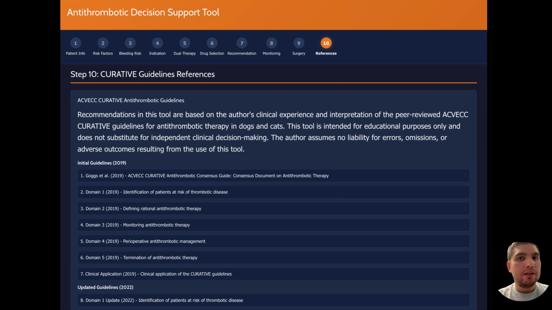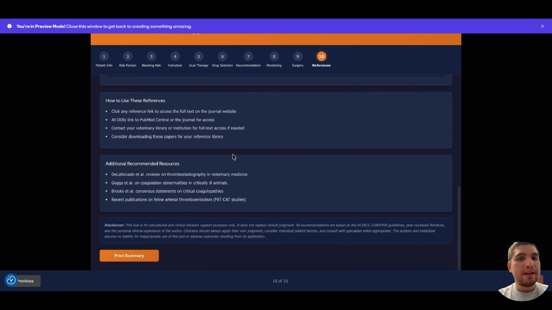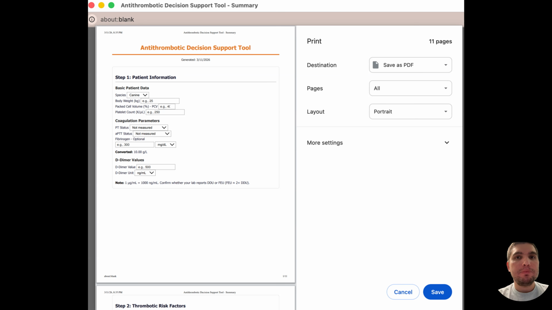So you can just click on the appropriate domain that you're looking for, and the tool will bring you right there. And then finally, you can print the whole summary of what was recommended. You can save it as PDF or print it as a separate form that will document that information.